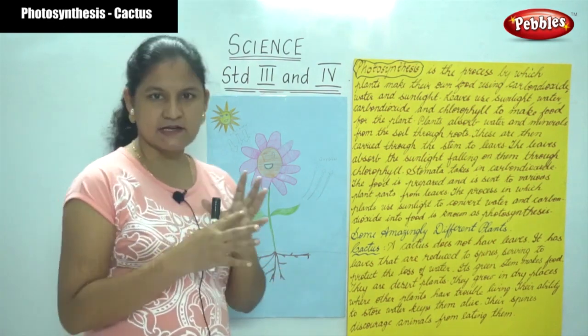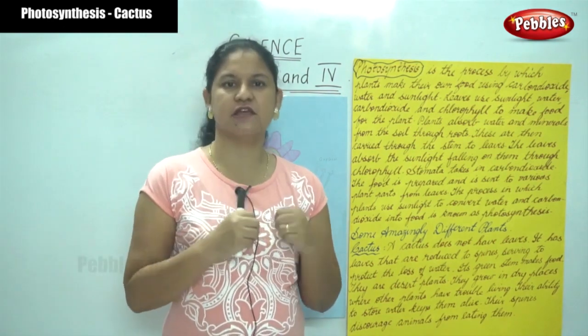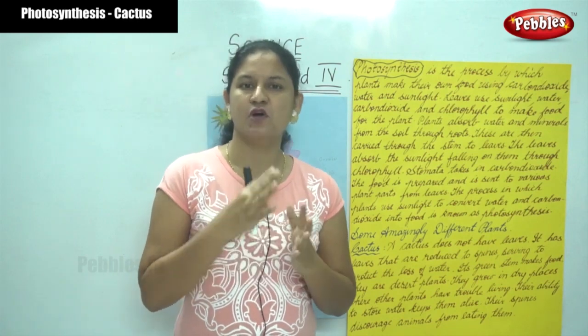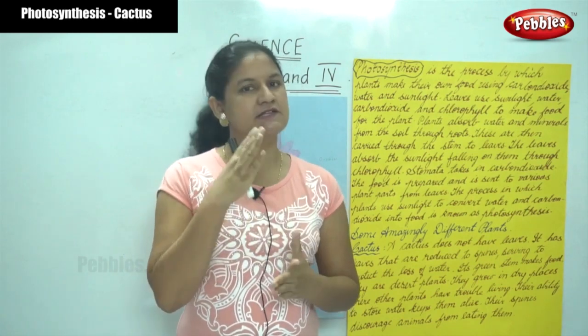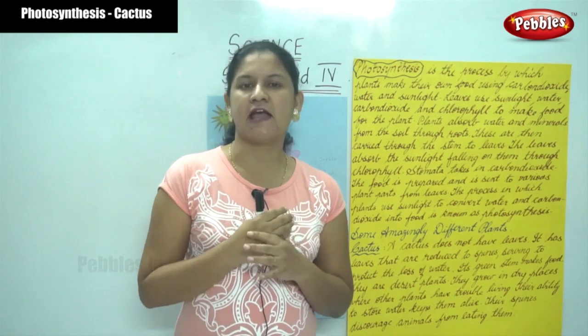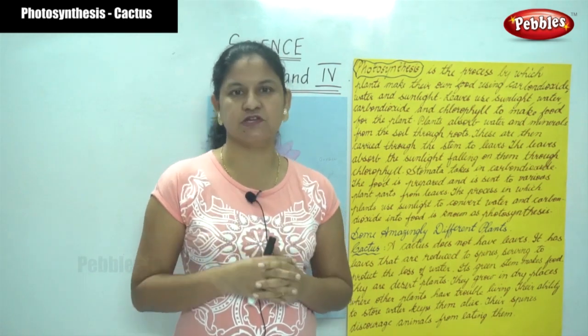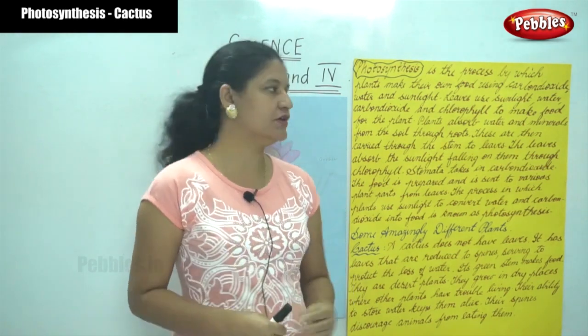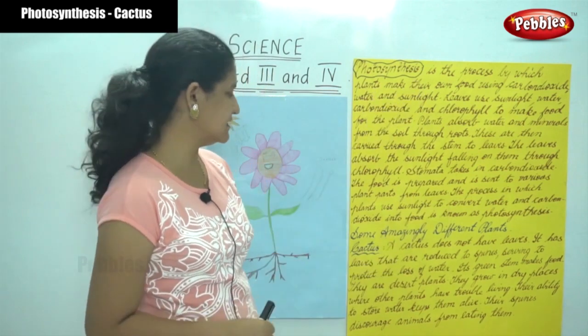So this is like a cycle, all these together. Only in the presence of water, carbon dioxide, sunlight and chlorophyll can a plant prepare its food, and this process is called photosynthesis.